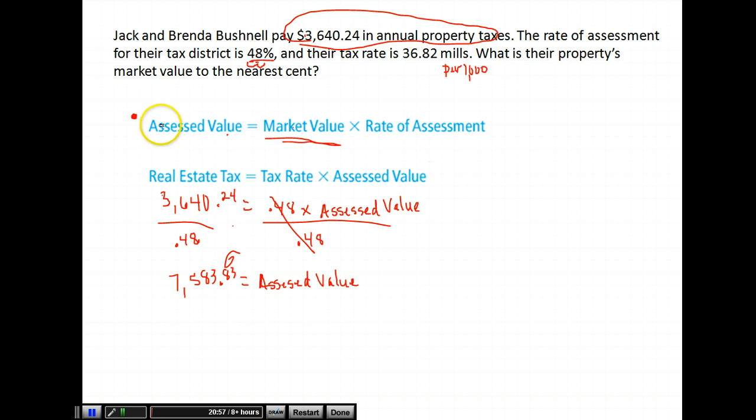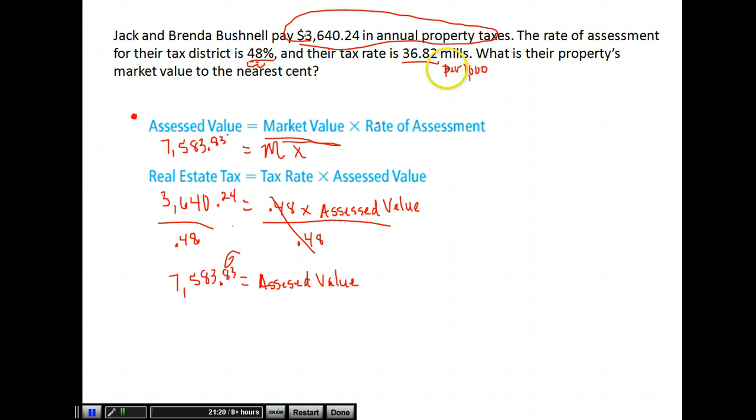But now that I have the assessed value, I can fill in some more information here. So the assessed value of the home I just found was $7,583.83. That's equal to the market value. I'm just going to call that M so I don't have to write out market value, times the rate of assessment. Now the rate of assessment is 36.82 mils.